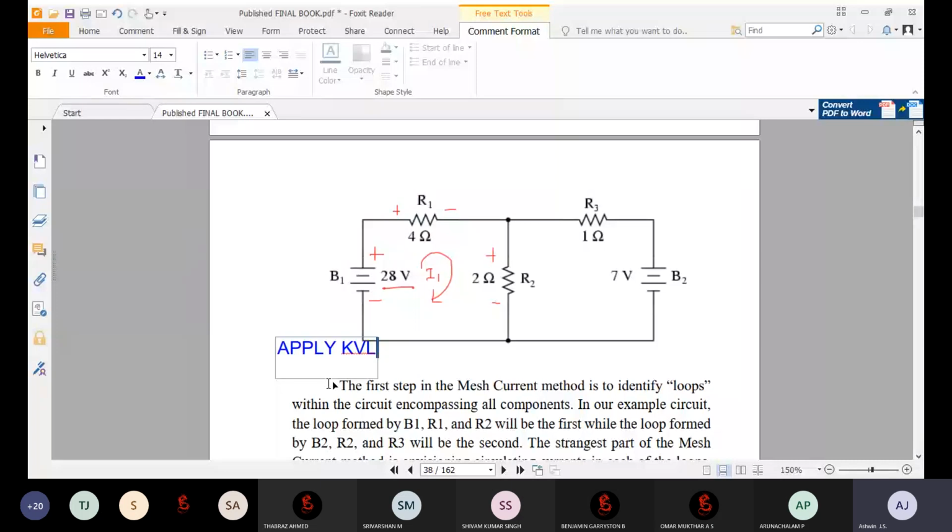Wait a second. While applying the KVL, what is the B1? 28 volt, sir. It is nothing but the voltage source, right? So directly I will write 28. If I'm considering 28 as positive, then consider R1. Is it positive or negative? Negative, sir. Look here.